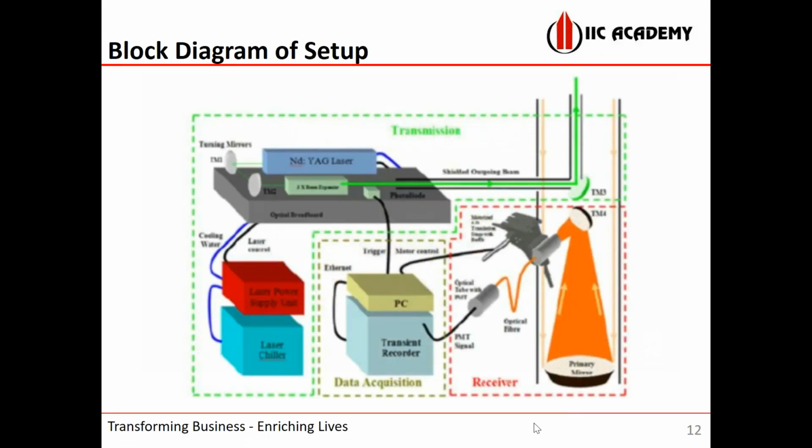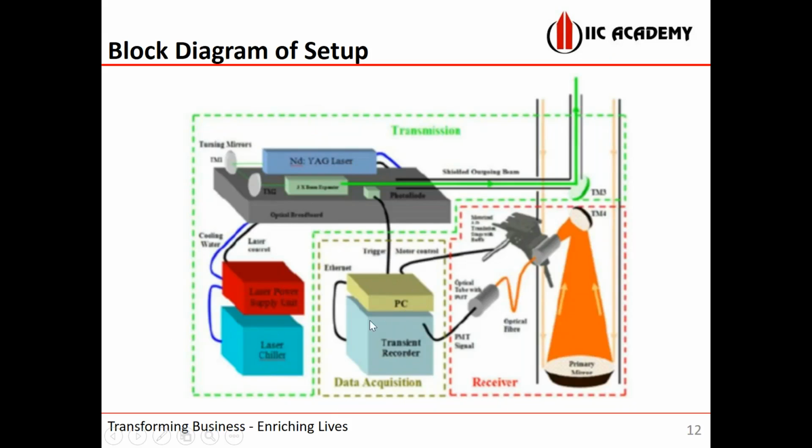As I said, transmission is there, and then the data acquisition unit. There will be chillers; we have air-cooled chillers in our flight especially. For laser power we have separate generators, and a PC connected with the cameras.